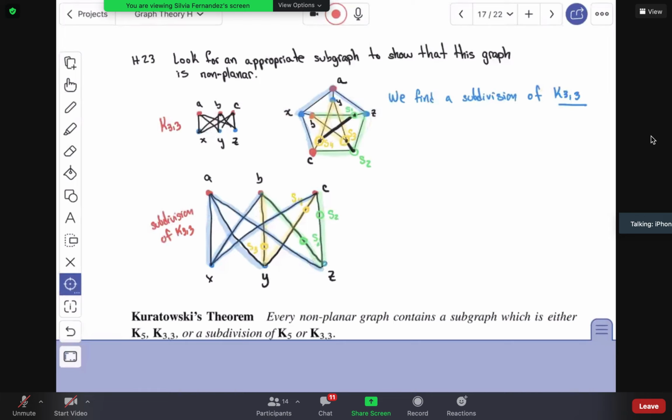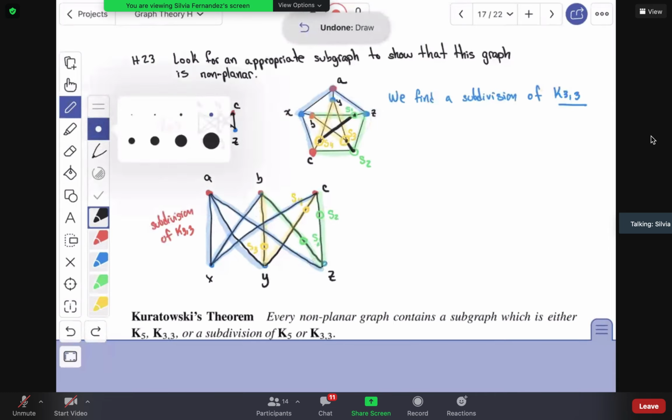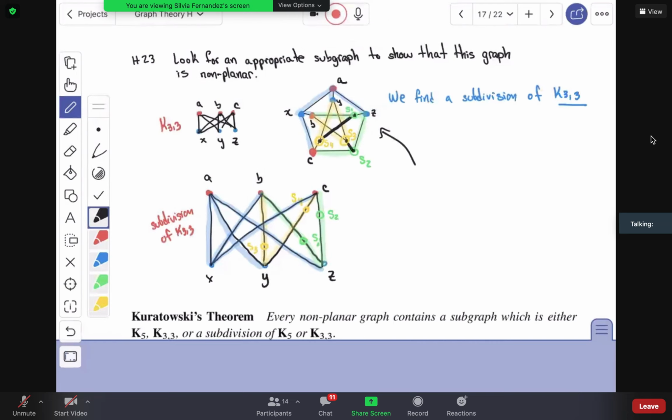Professor, you are writing here K33, subdivision of K33, and another one is what? Oh, this is a graph containing a subdivision of K33.